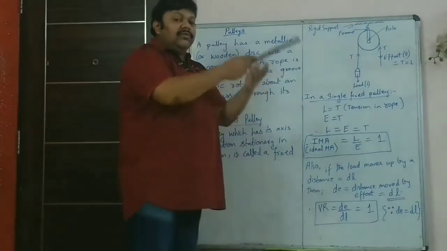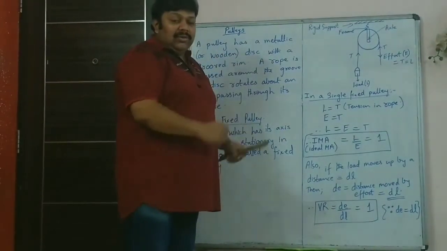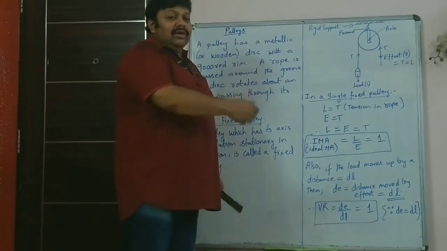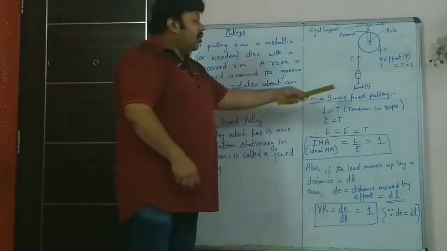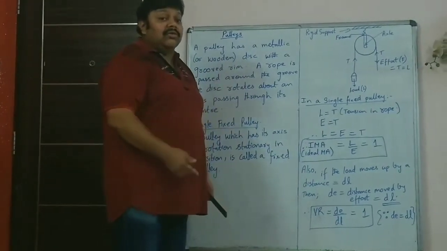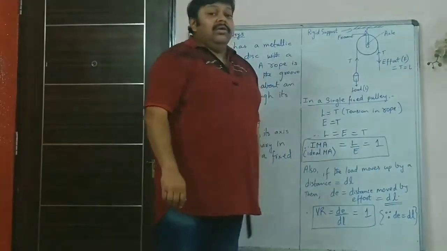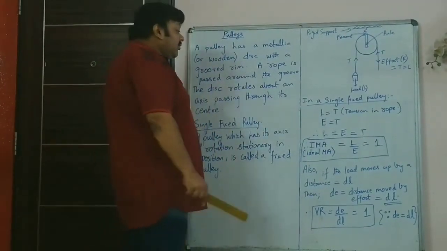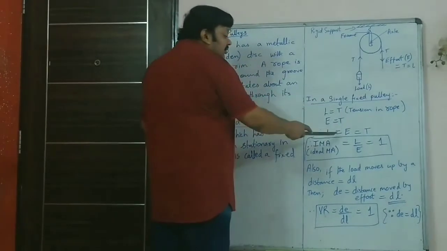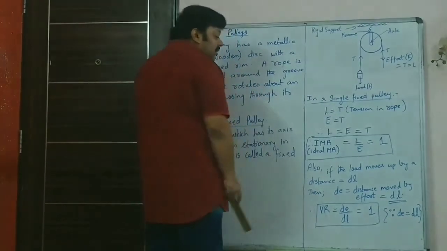So if you want to lift a 10 kg bucket, if the mass is 10 kg, you will say weight is 10 kgf. So if the weight is 10 kgf, that means load is 10 kgf. So effort applied also has to be 10 kgf. So load and effort both will be 10 kgf. So load is equal to tension, effort is equal to tension, and load and effort are both equal to tension.